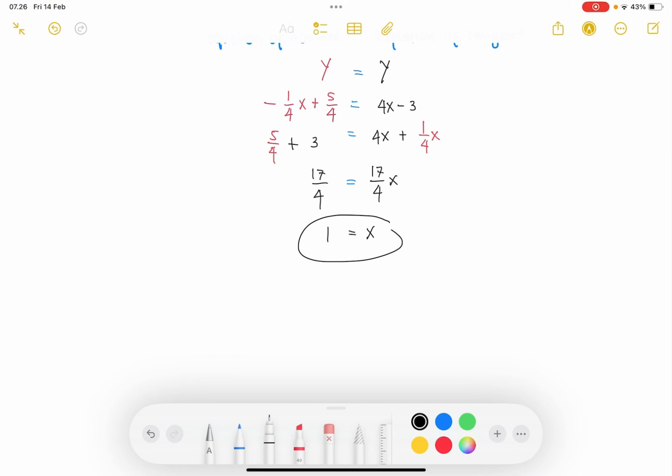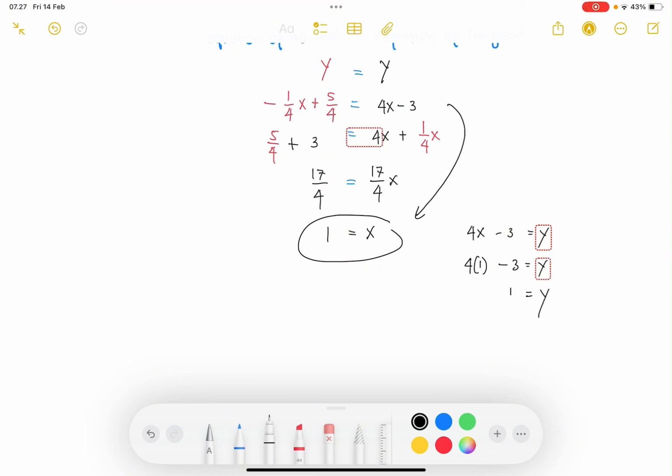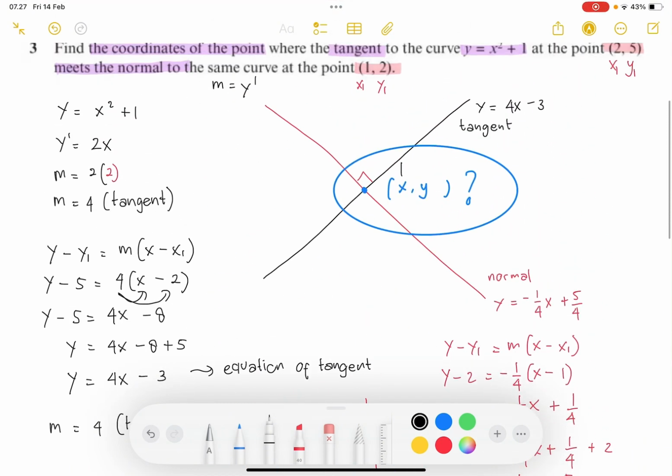Because they are meeting together at the same point, so no matter where we substitute the x, it will still be the same. For me, let's substitute it here. So 4x minus 3 is y, which is 4 times 1 minus 3, so y is 1. Then done. The point is (1, 1).